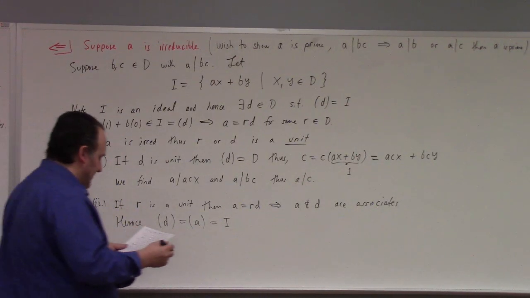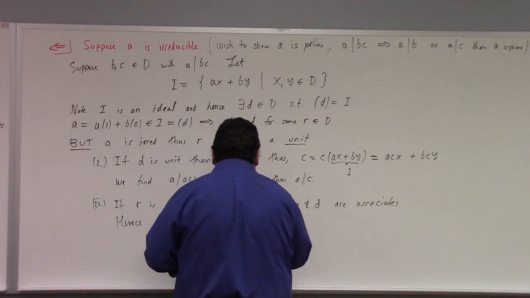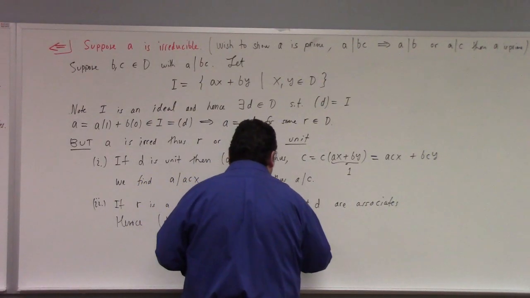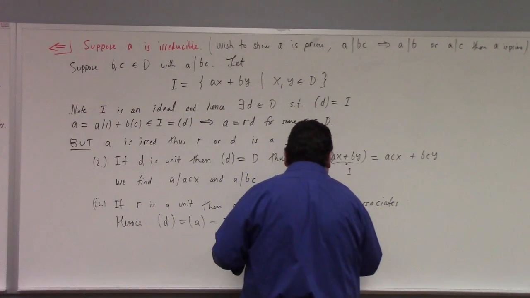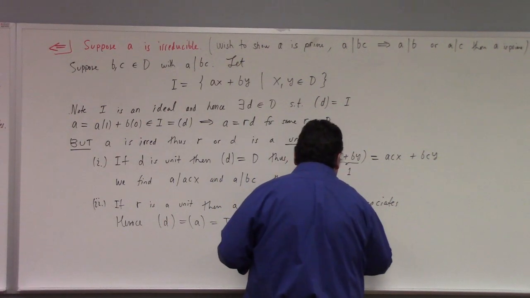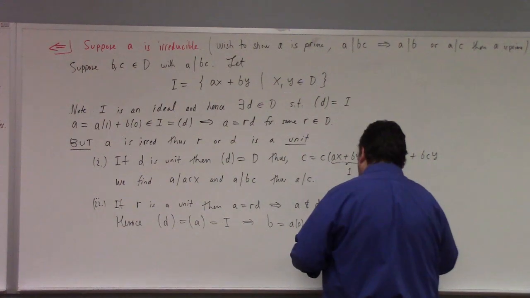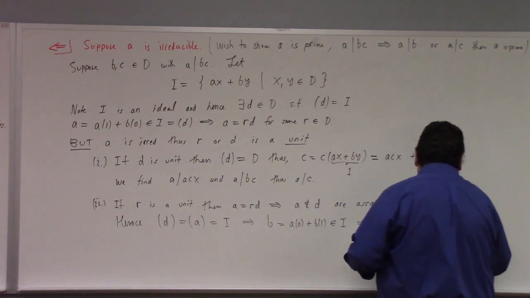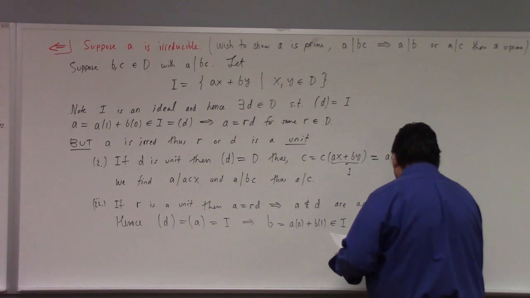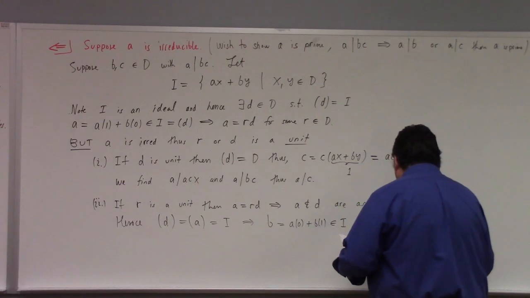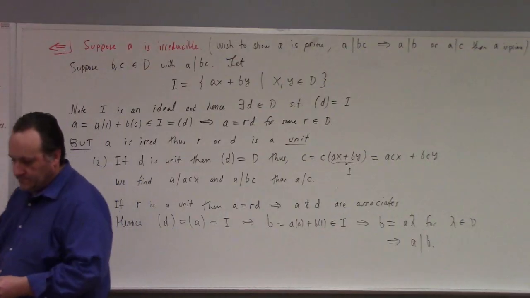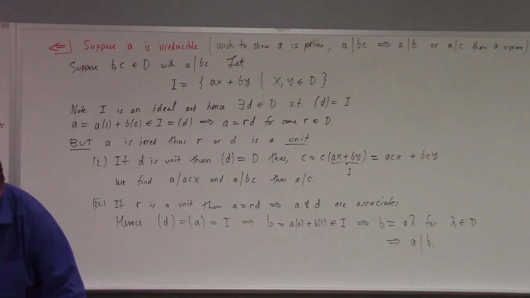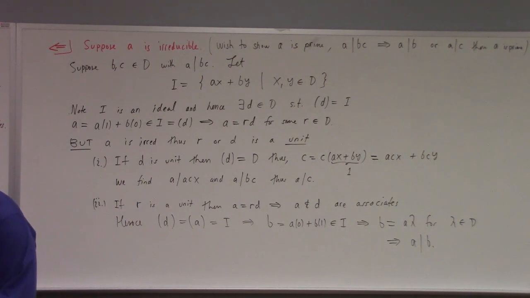Which, of course, then implies what? This implies that B, which, by the way, is equal to A times 0 plus B times 1, is an element of I, which implies that B is equal to A times lambda for some lambda in the domain, which implies that A divides B. All right? Therefore, what?